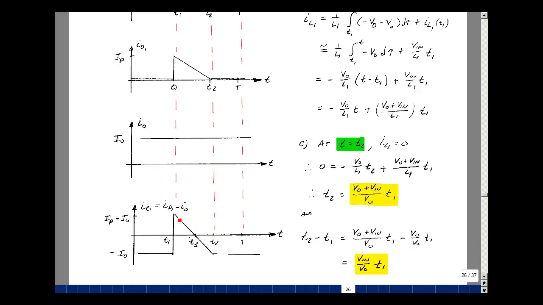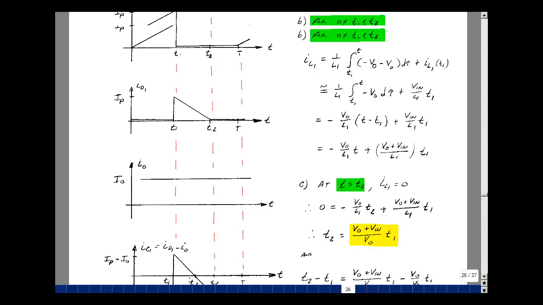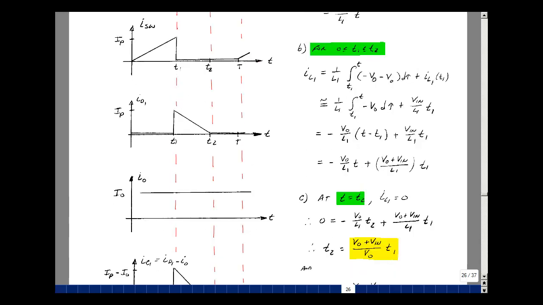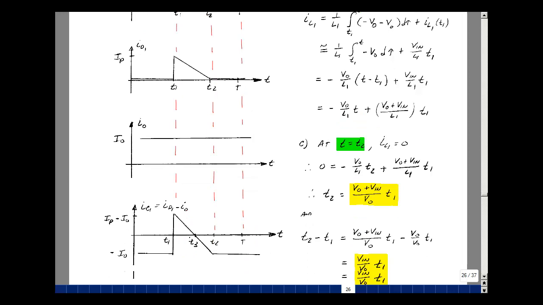Our current has jumped up to a value. Then we're going to subtract from that the value of I0. The maximum here is going to be I peak minus I0. And eventually the current in the coil goes to 0, and so the current in the diode also goes to 0. We just have simply minus I0. So our wave shape is a little bit different than last time. We've got this right triangle instead.